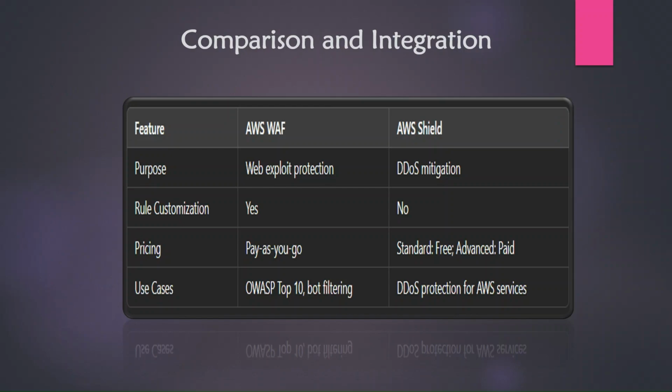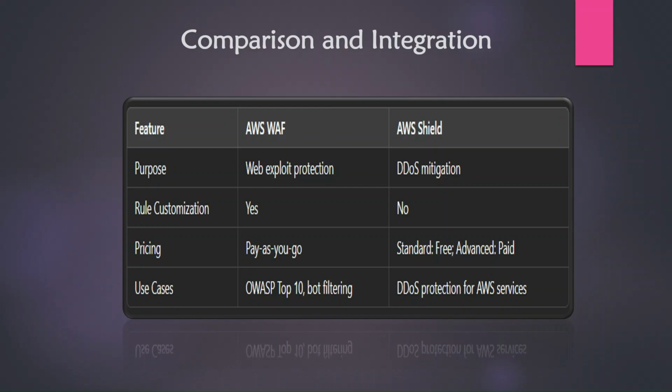AWS Shield, on the other hand, is a managed DDoS protection service. It safeguards AWS resources from large-scale volumetric attacks that target availability and cause significant downtime. Next feature, rule customization.